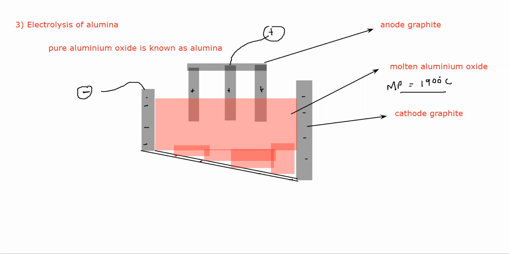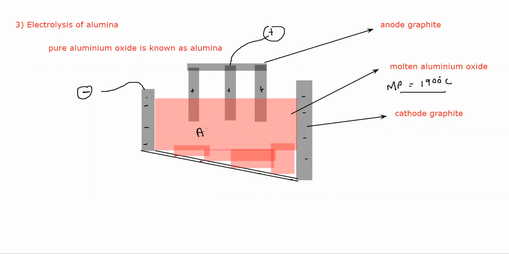So here the melting point of aluminium oxide is 1900.